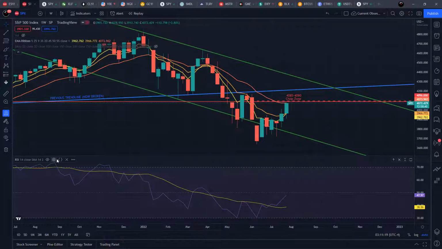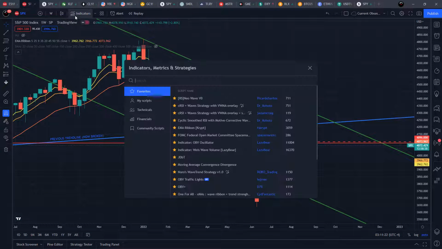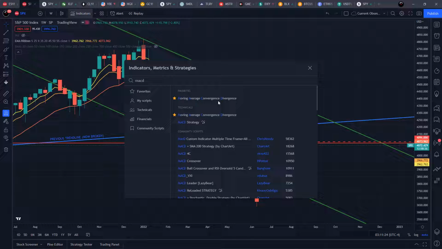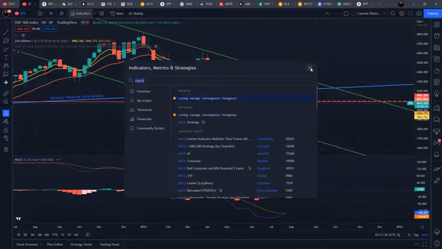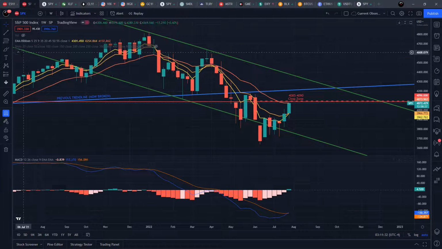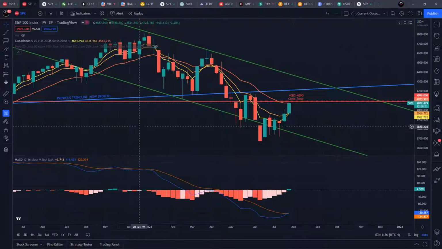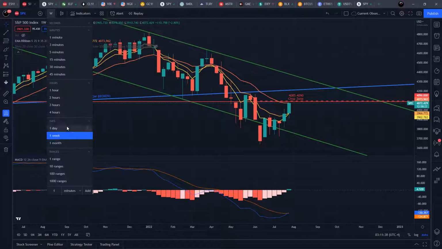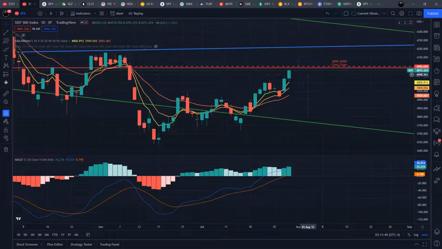Here, let's pull up MACD. I don't know what it looks like actually. Yeah, so I'd wait, obviously, for another bearish cross. That's when I'd start looking at it, though it depends on the area too and what the chart's telling me.